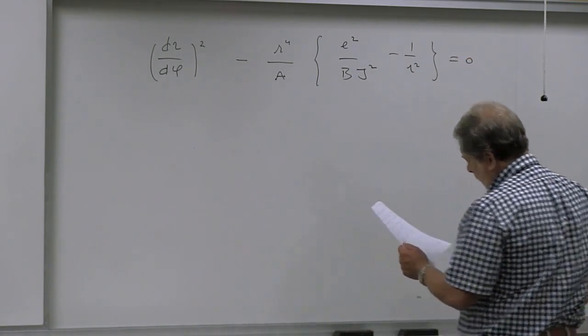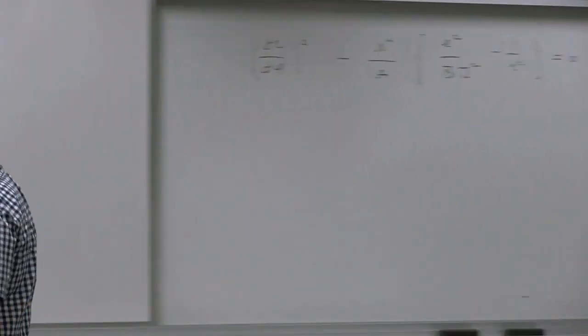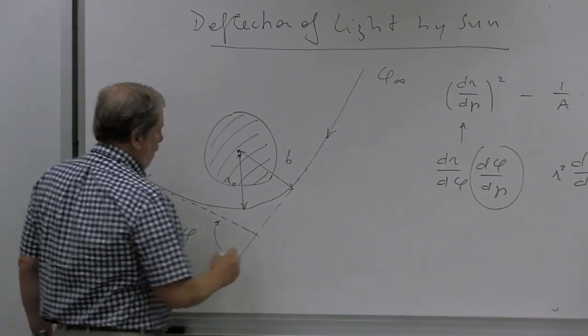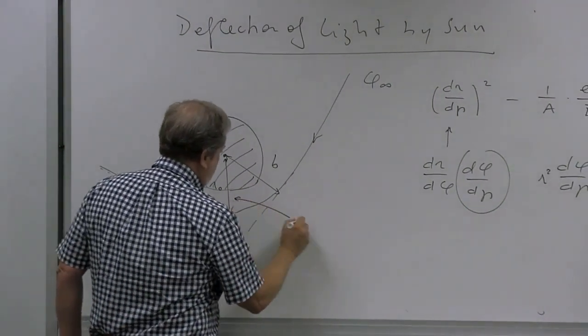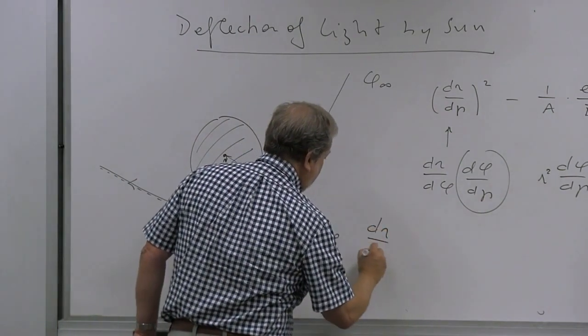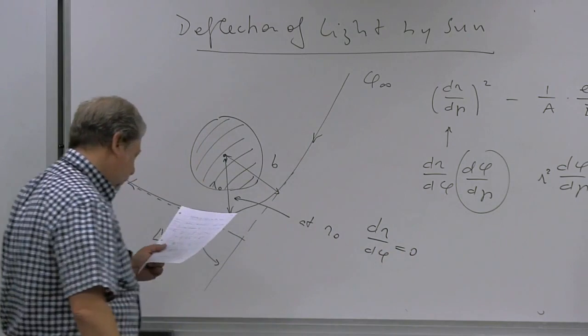Okay, very good. The other thing is that from that equation, we also get r naught, because at r naught, dr by d phi is equal to 0.